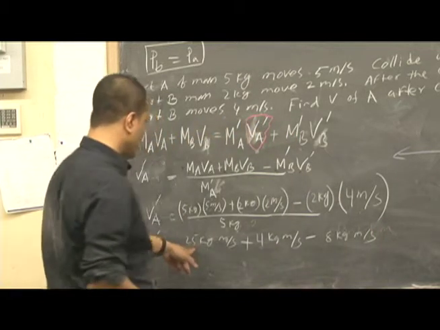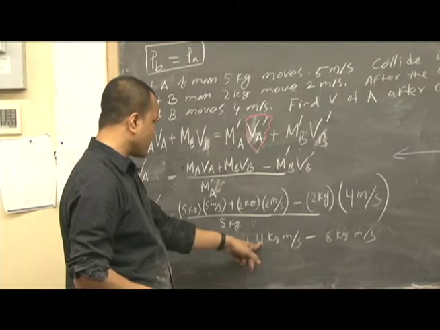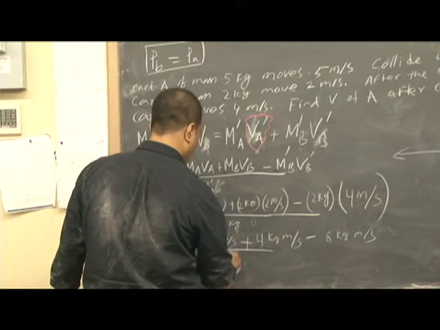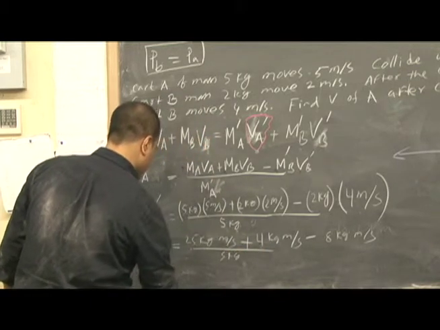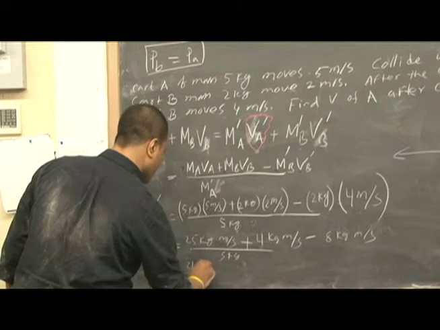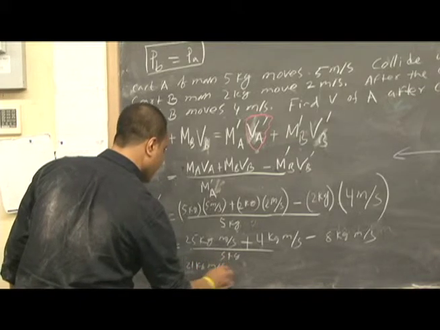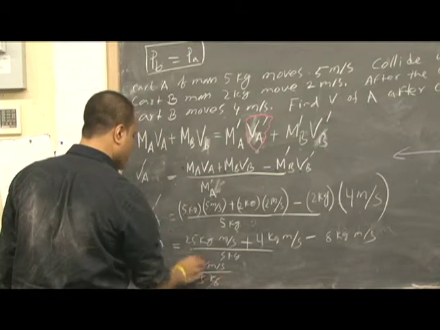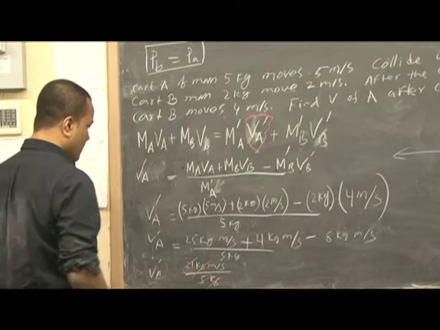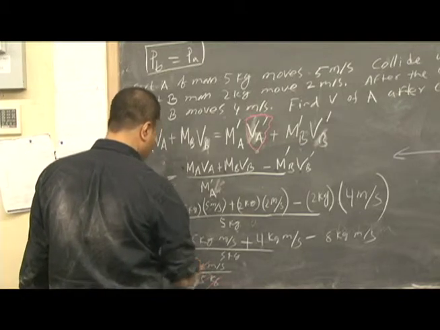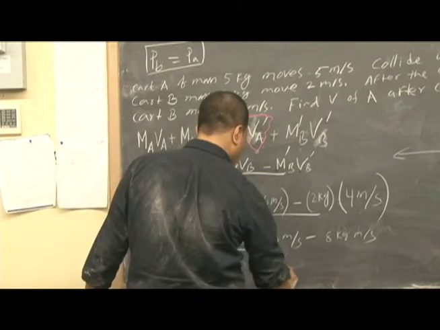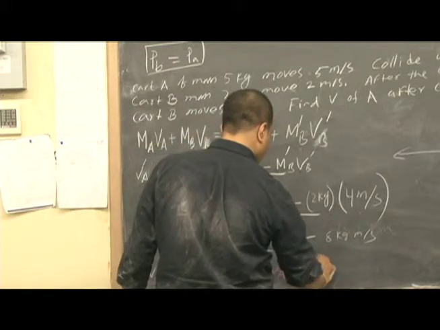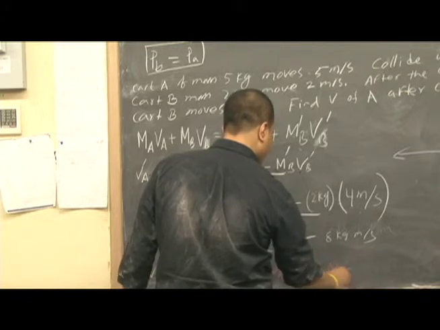All right. So 25 and 4 is 29, minus 8 is 21. So 21 kg meter per second divided by 5 kg. Kg cancel, 5 goes into 21 four times, 4.2. So the velocity of car A after the collision is simply 4.2 meters per second.